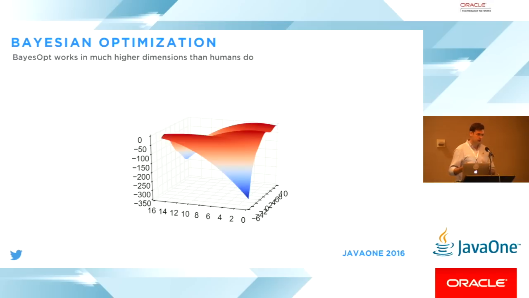So there are practical limitations, but the advantage of using an automated tuner, even one that doesn't work in 1,000 dimensions, is that once you get past 3 or 4 parameters, your visual system doesn't give you really good intuitions of what's actually going on anymore, right? You can maybe do 4 dimensions if you add color to a 3-dimensional plot or something like that.